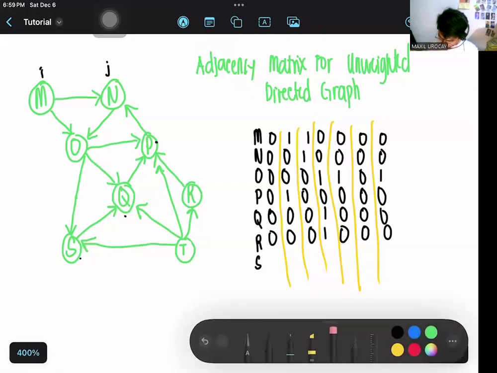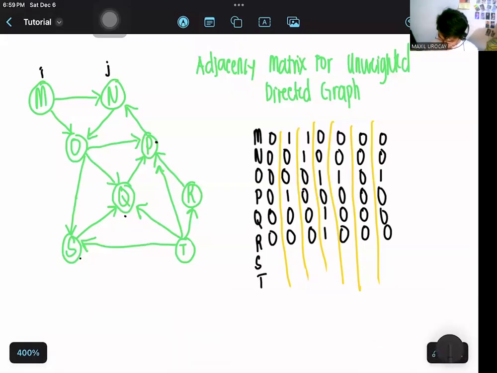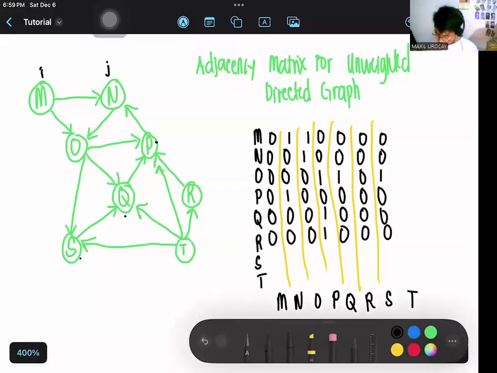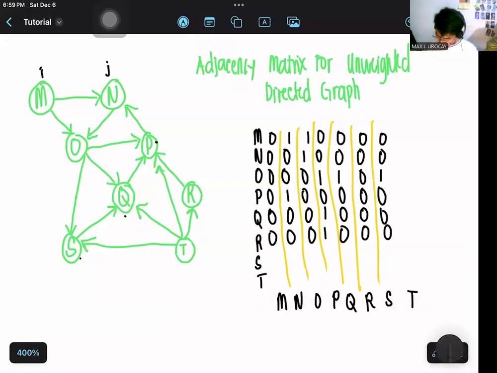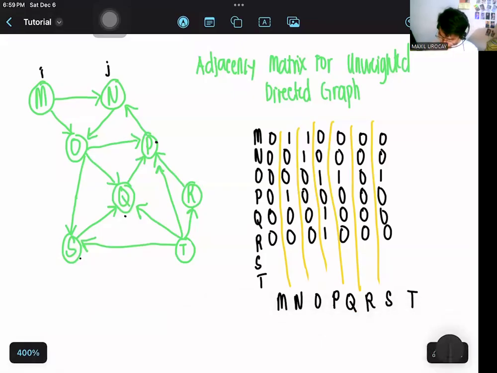Now, T, and then here M, N, O, P, Q, R, S, then T. So for the S that is adjacent to Q alone, S to Q will be marked as 1, so the rest will be 0.